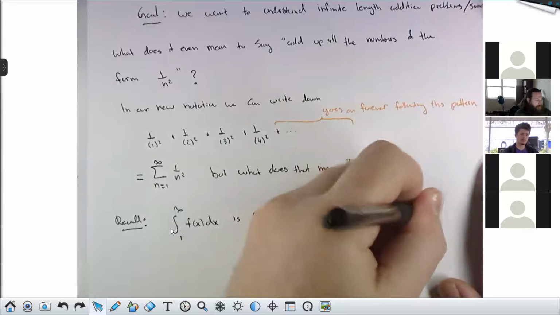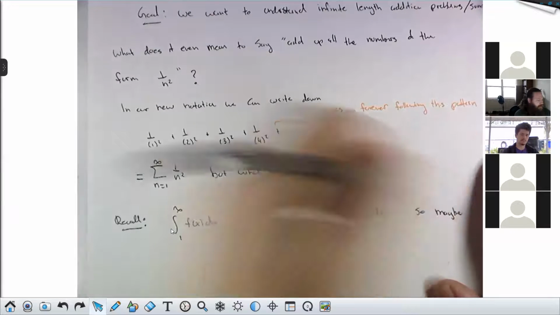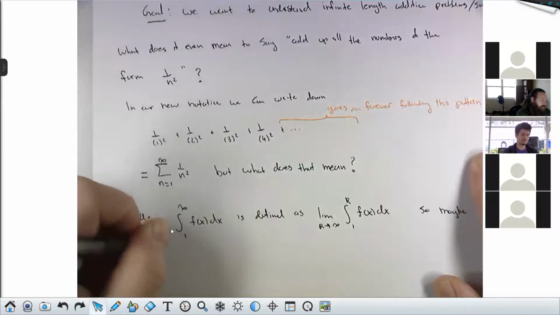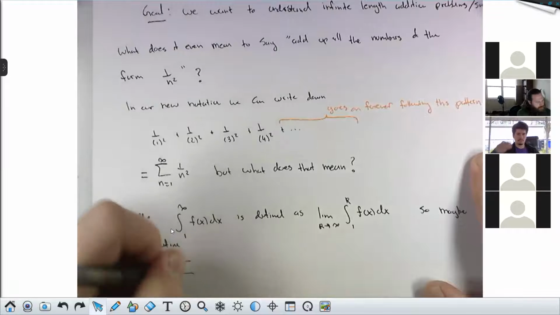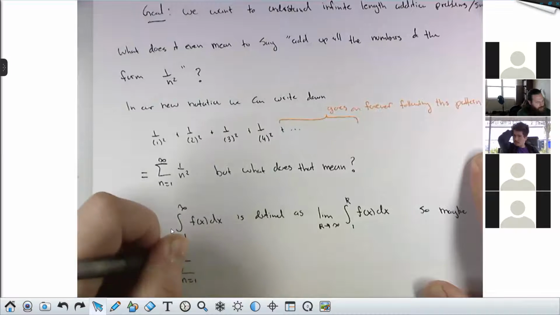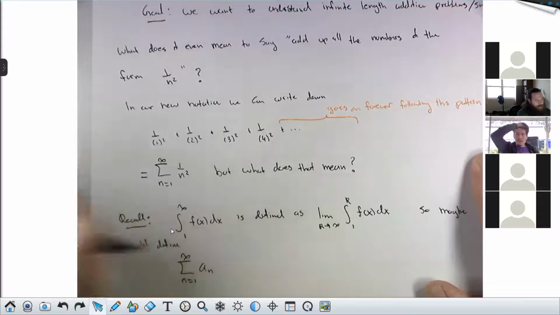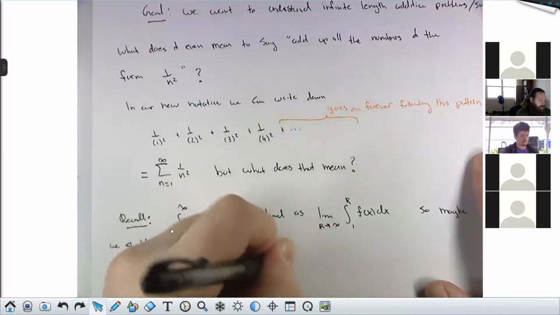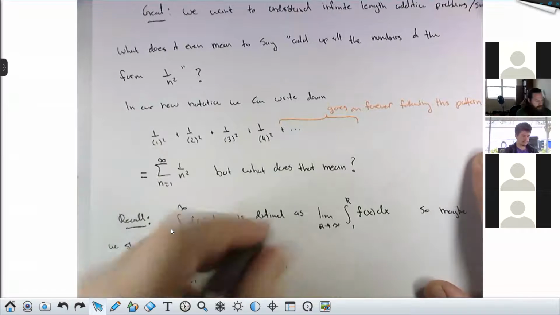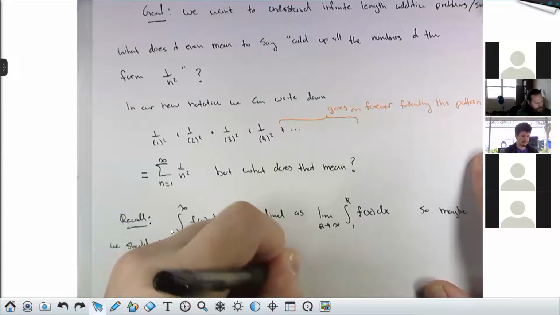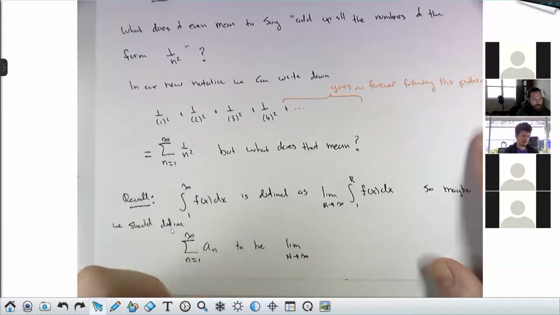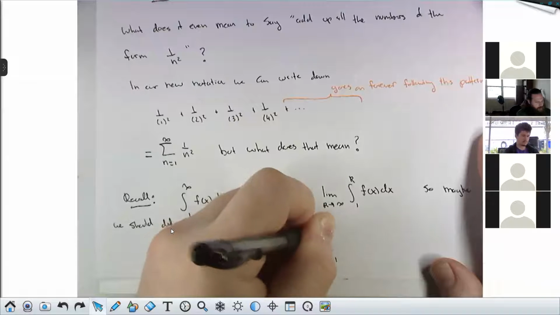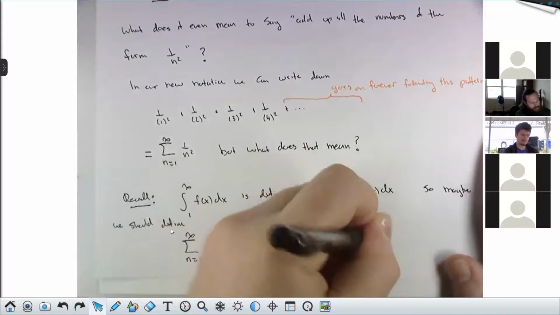So maybe we should define the sum n equals 1 to infinity of a n to be, we use r here for real number, I'm going to use n here for natural number, the limit as capital N goes to infinity of the sum, little n from 1 to capital N, of a n.